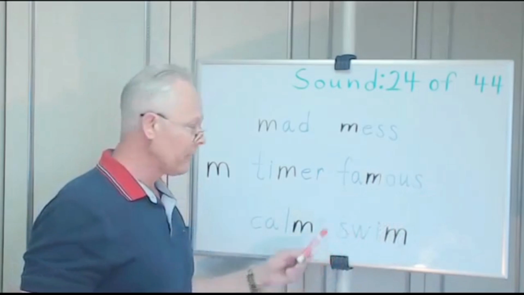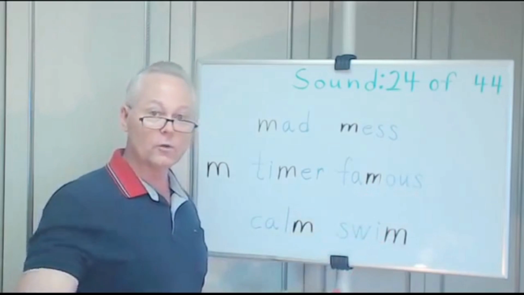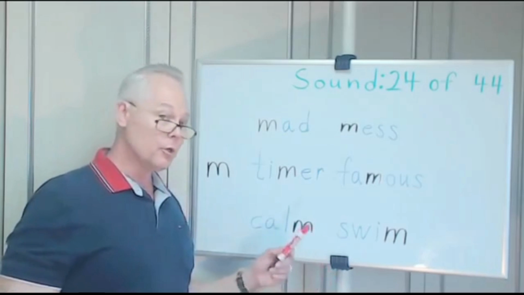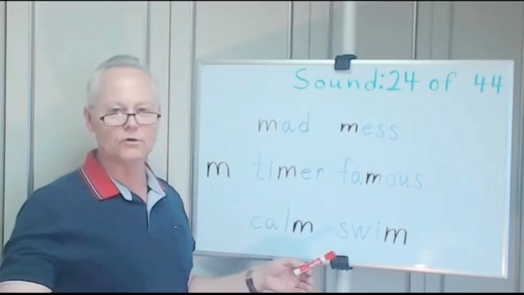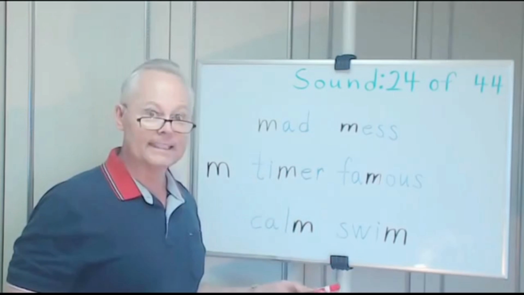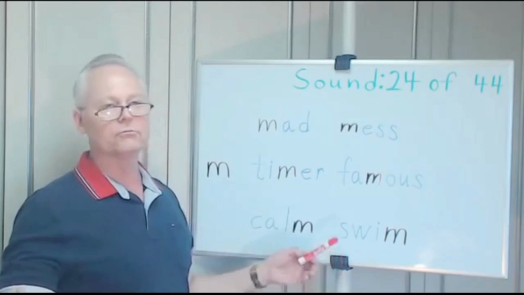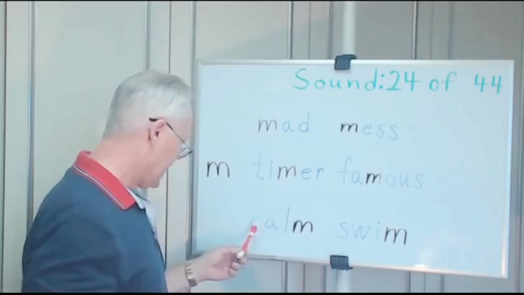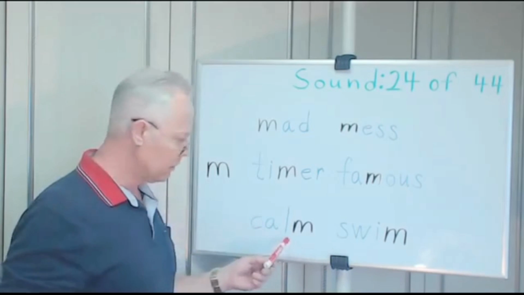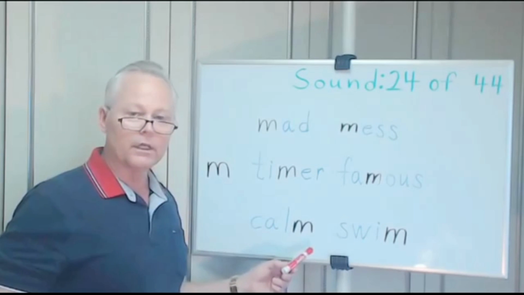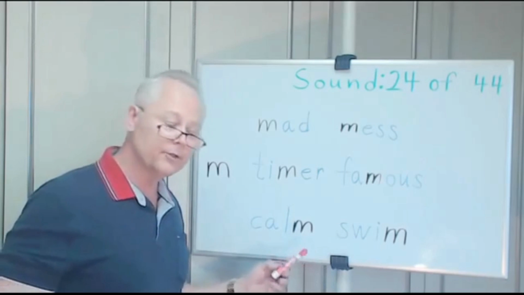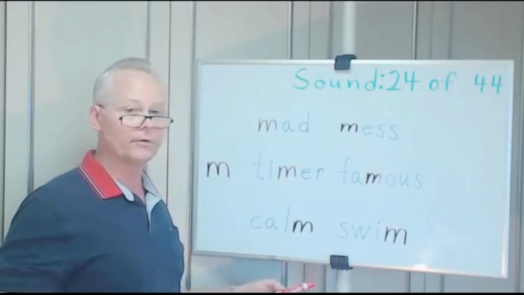Famous. Are you a famous person? Do you know any famous people? A famous person, like movie stars, the big politicians, people like that. Famous. They're well known. The word calm. Calm. So, if you're very calm, that means you're a relaxed person. You're not nervous, upset.